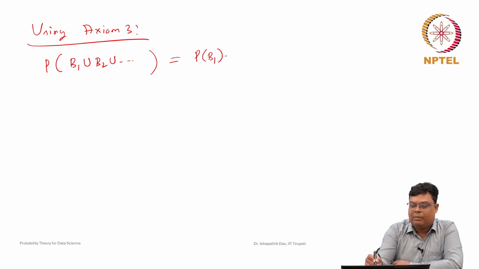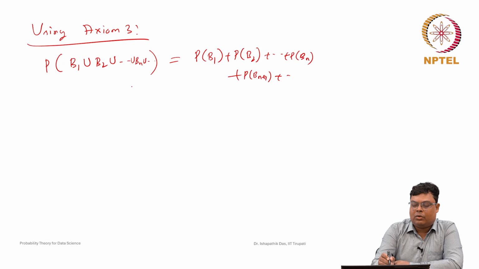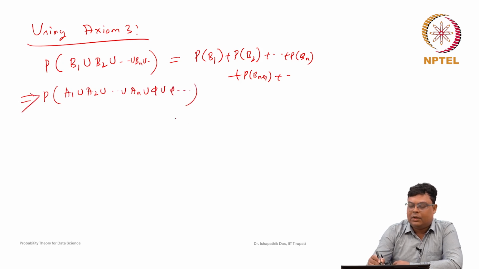Let us write it like this: probability of B1, probability of B2, up to Bn, plus Bn plus 1, like this. Note that up to B1, B2, ..., Bn it is nothing but A1, A2, ..., An, and beyond n they are nothing but phi. Here we have an infinite collection B1, B2, ..., so we can apply axiom 3 here.